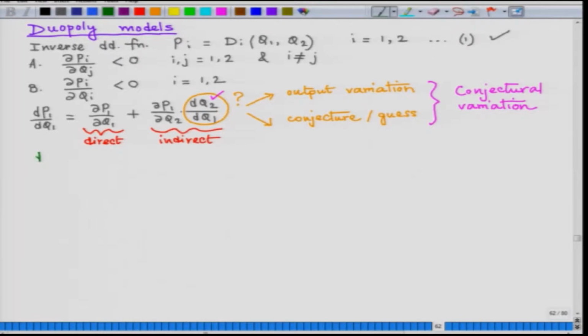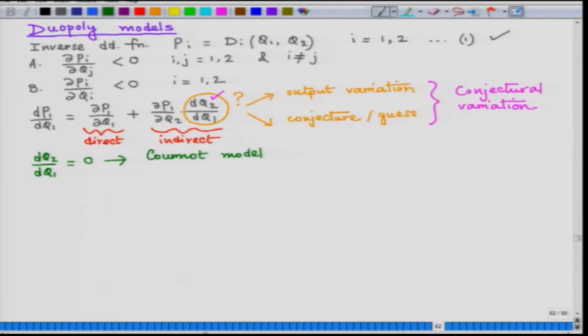So, this assumption leads to the Cournot model, proposed by a French mathematical economist Augustin Cournot in the mid 19th century.